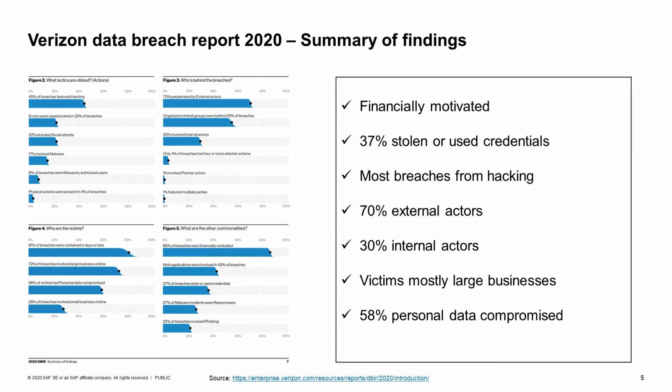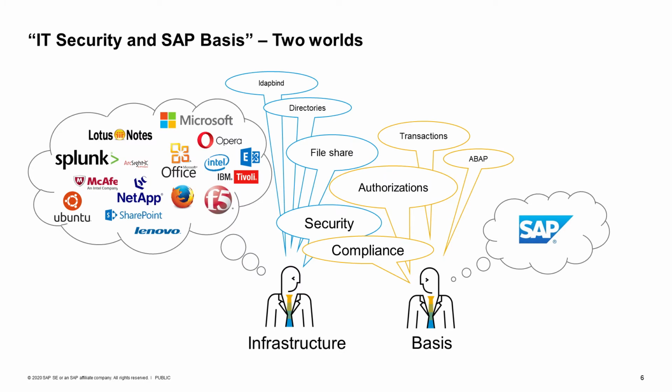And when we talk about identity access management, we'll talk about multi-factor authentication, which is something that we recommend be put in place to stop the 37% stolen and used credentials. But looking at the SAP system, this can be challenging for an organization because you have two different worlds. You have the IT infrastructure world, which typically has the folks that focus on the network security, the router security, the firewall security.